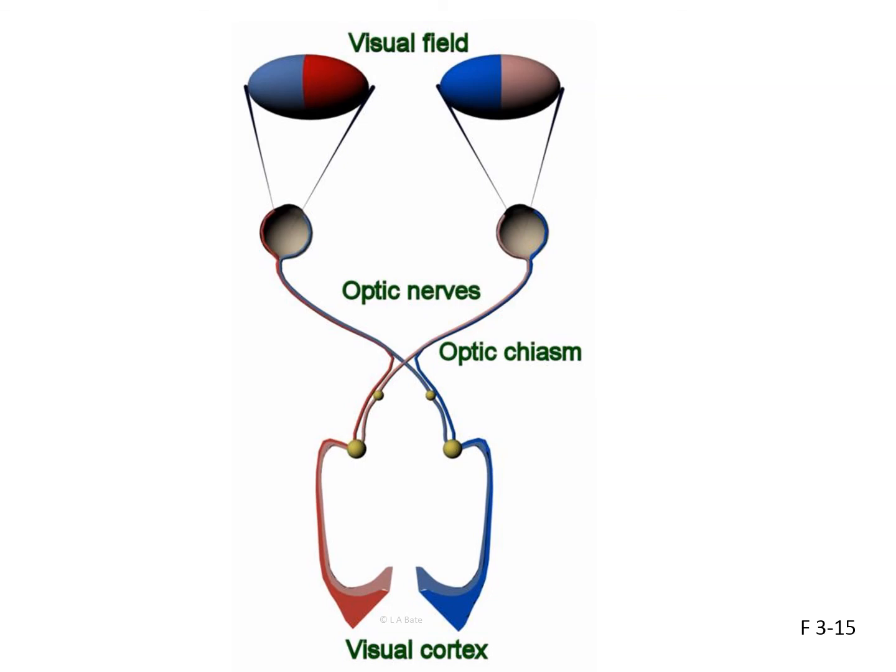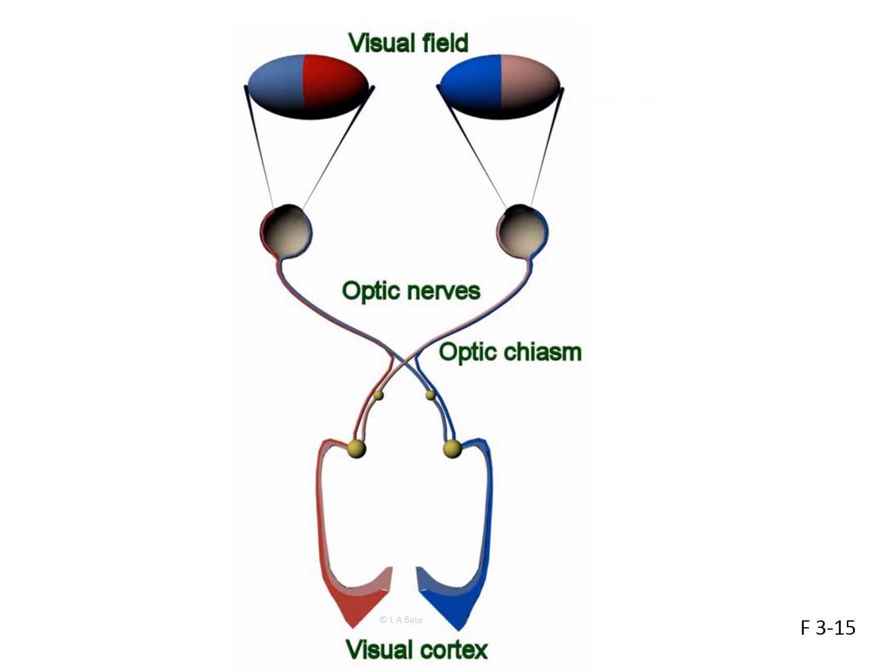The left side does exactly the same, but in the mirror image. Let's say the information about the right side of the object, seen by the temporal side of the eye, is sent ipsilaterally to the thalamus and then to the left side of the visual cortex in the left hemisphere.